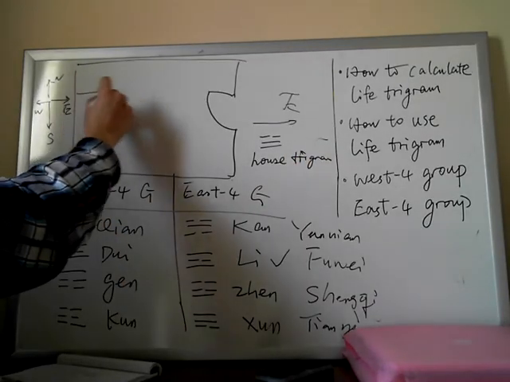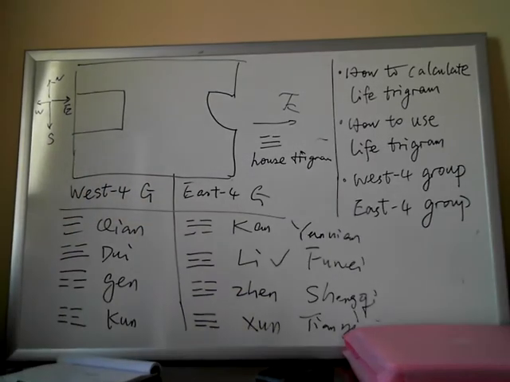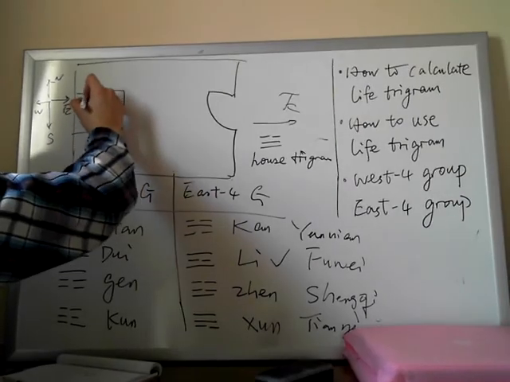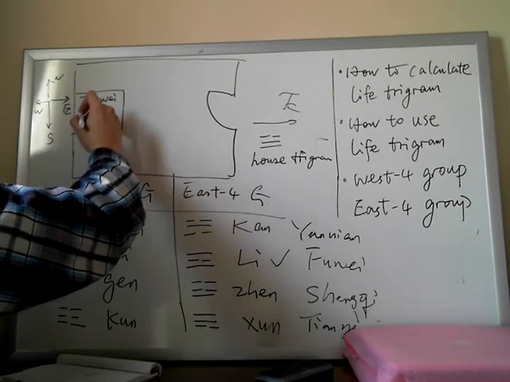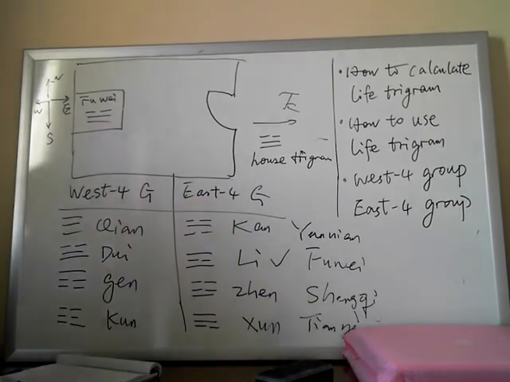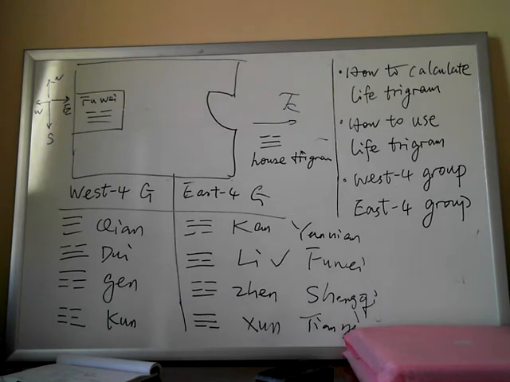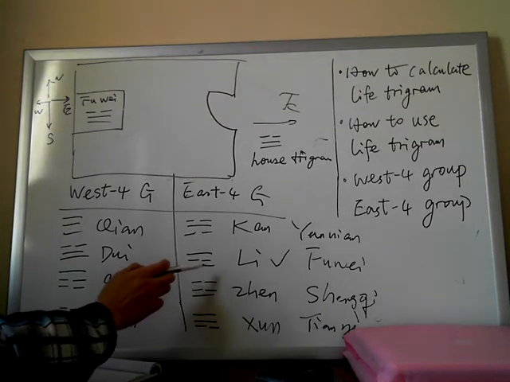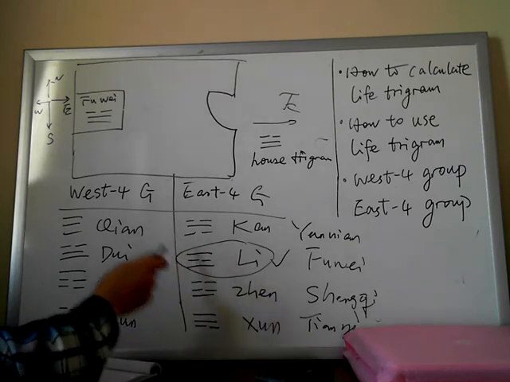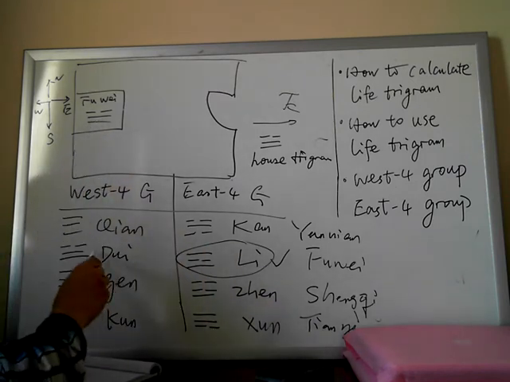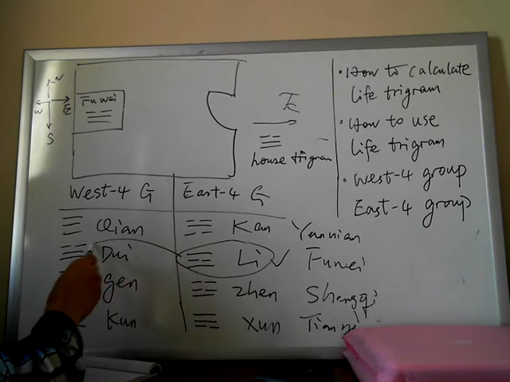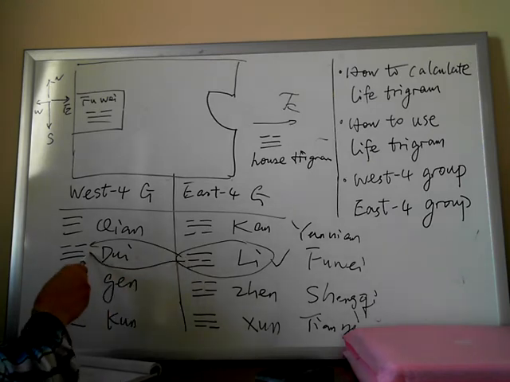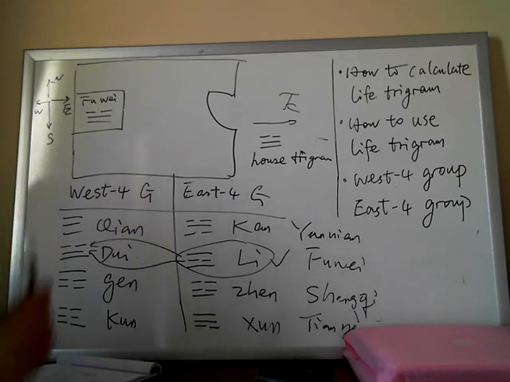Okay, so this sector is the Fu Wei of the house, an auspicious location of the house. However, this auspicious location of the house seems to be the 5 ghost direction of the guy, right? Dui, you see Dui, top line change, middle line change. Okay, this is the 5 ghost direction of the person.